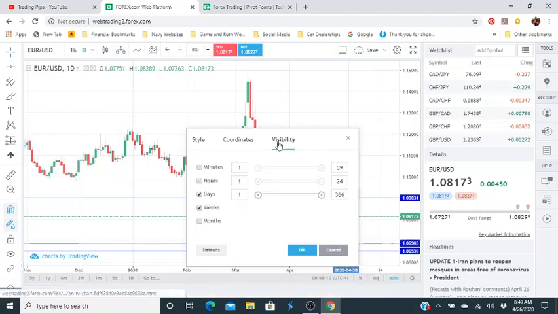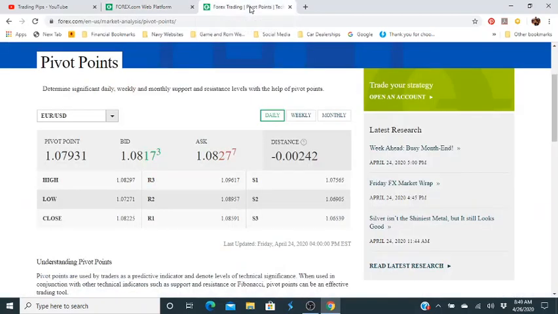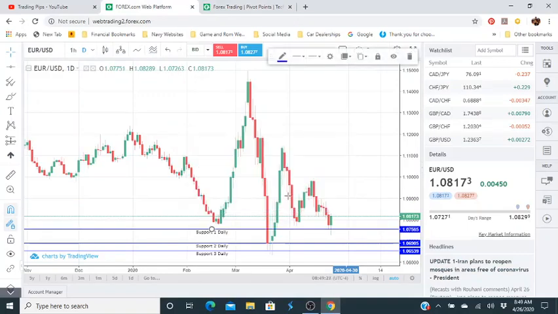Go to visibility, do the same thing, remove weeks, go to coordinates, and go back to your website. Support 1 is 107.565. And we'll do that, 107.565. And bam. So now we have our 3 support and resistance lines.